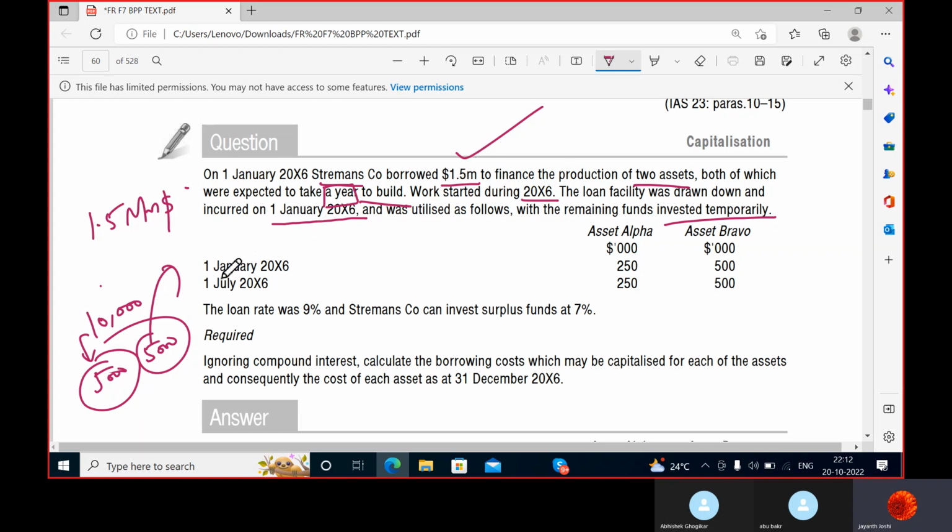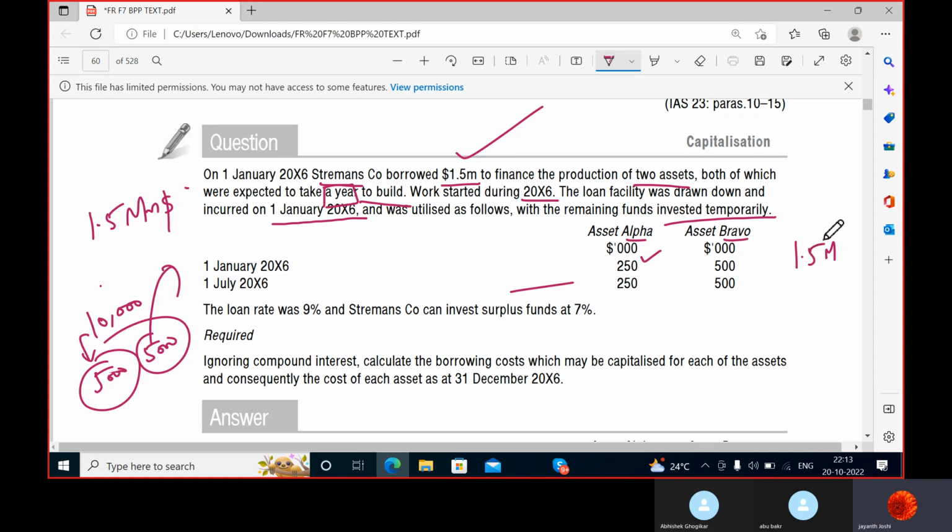On 1st Jan 2006, they are making two assets, asset alpha and asset bravo. They have $1.5 million.